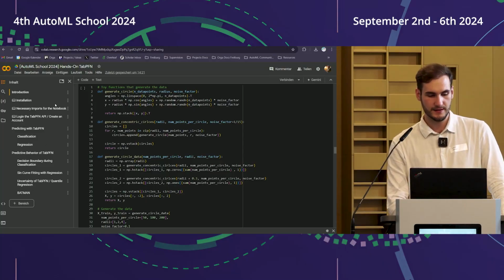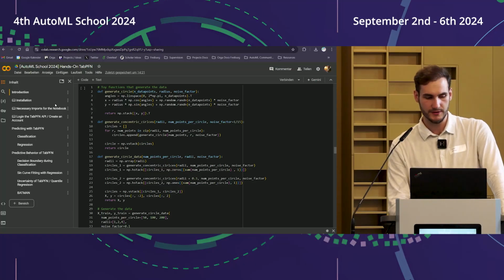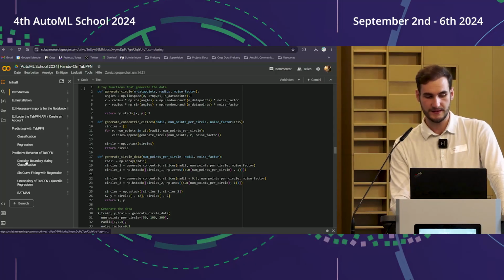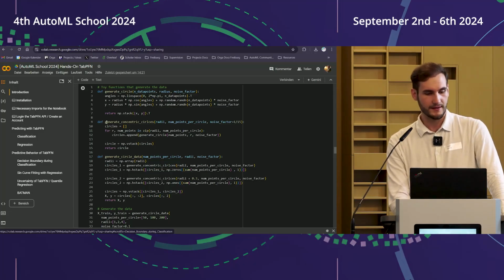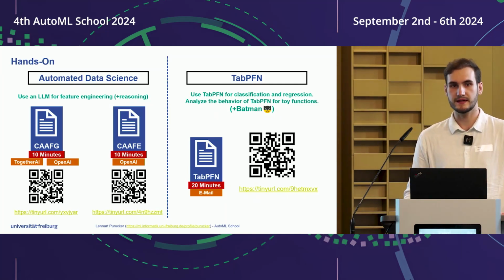And finally, this is the hands-on for TabPFN, which is longer and has more detail, with predicting and this predictive behavior, seeing decision boundaries, seeing how it does regression, and also looking at uncertainty and quantile regression, and finally at Batman. So that's the agenda. If you have any questions, please raise your hand, and I will be around.